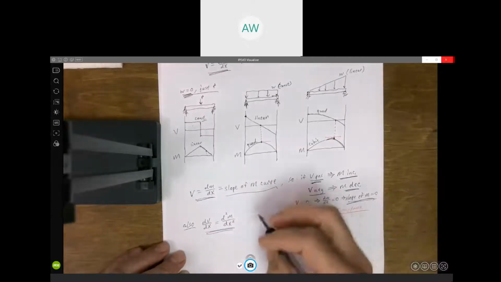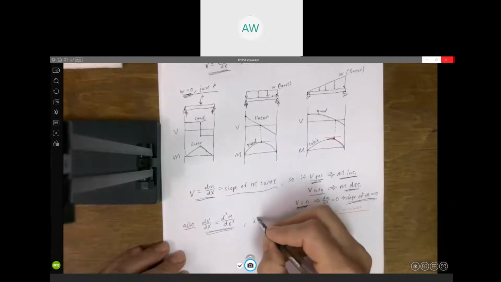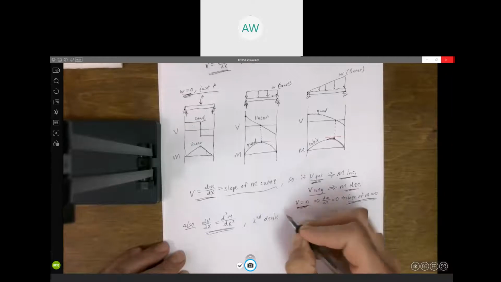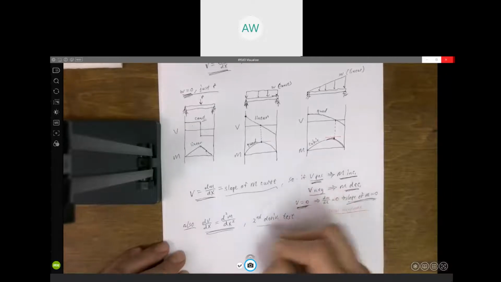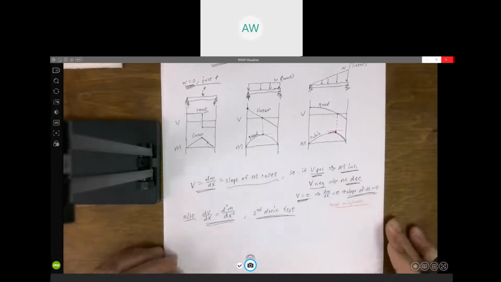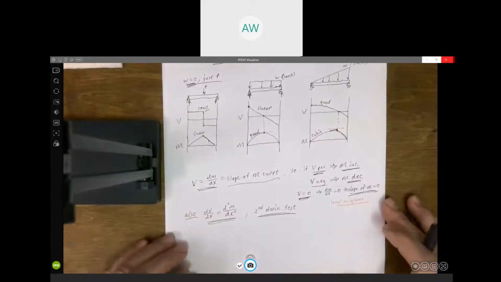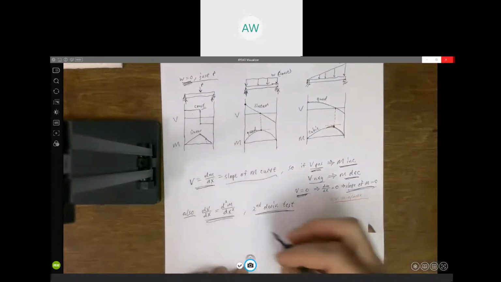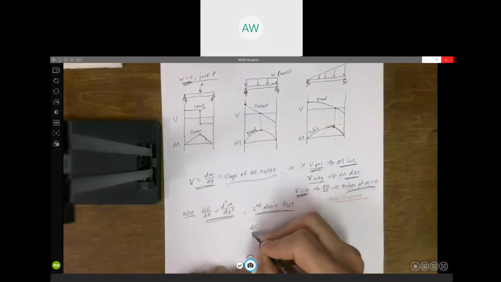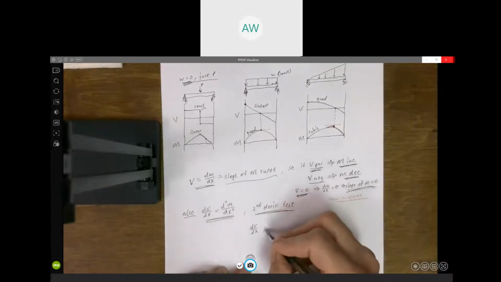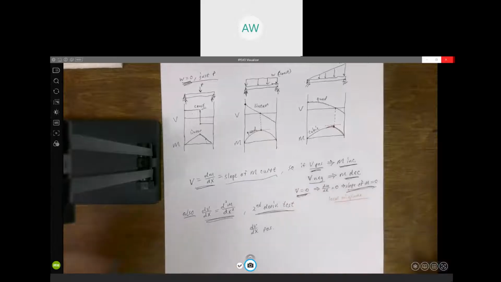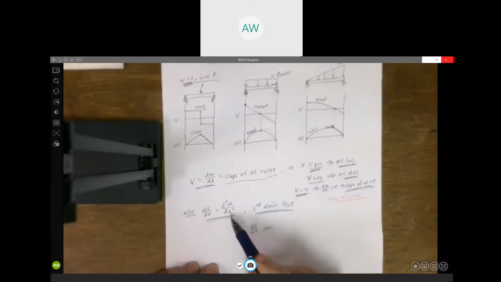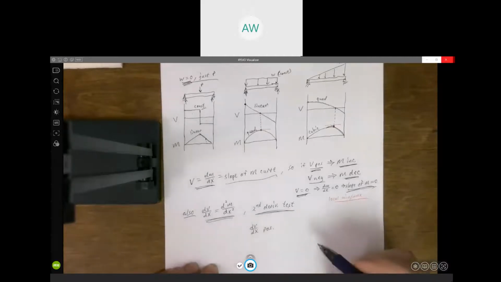You might remember, hopefully from calculus, something called the second derivative test. The second derivative tells you concavity. So if dV/dx is positive, again, dV/dx is the second derivative of our moment function.